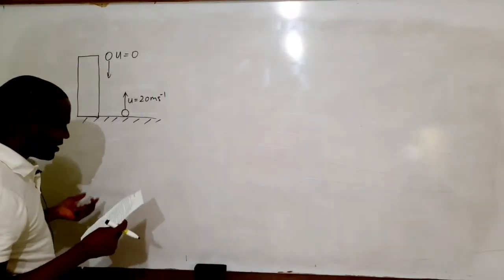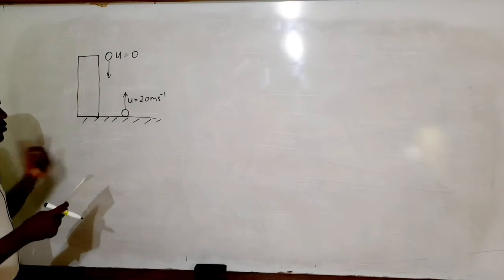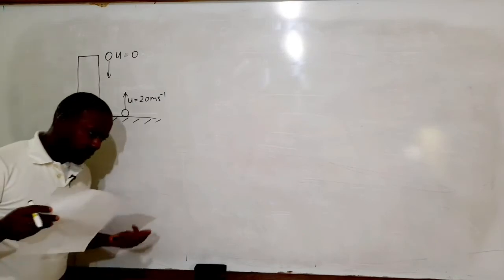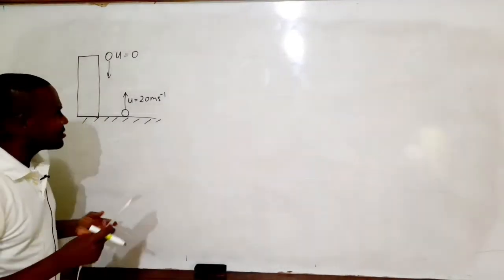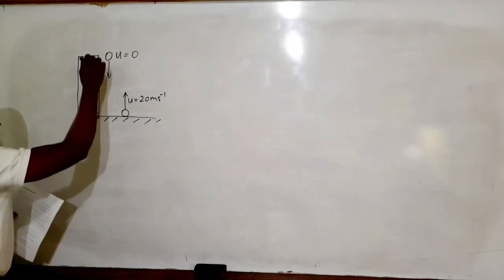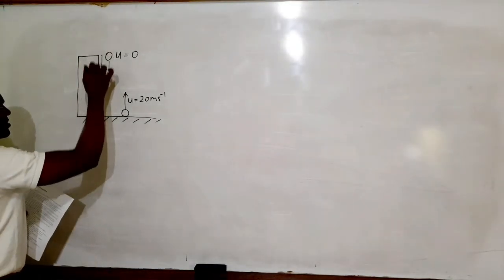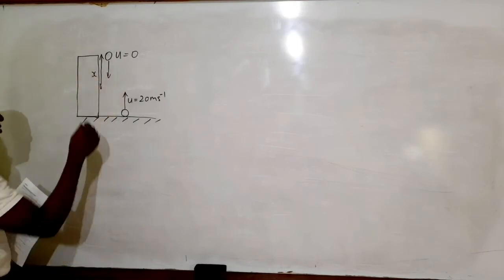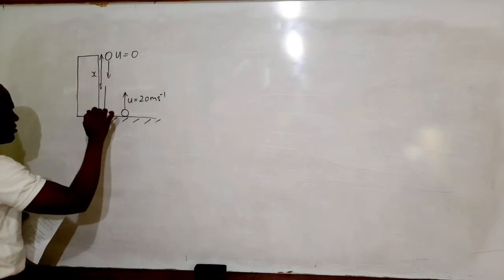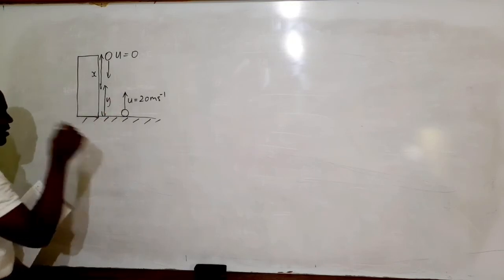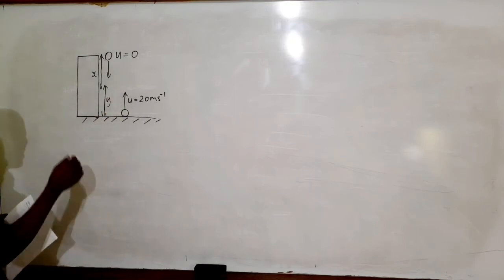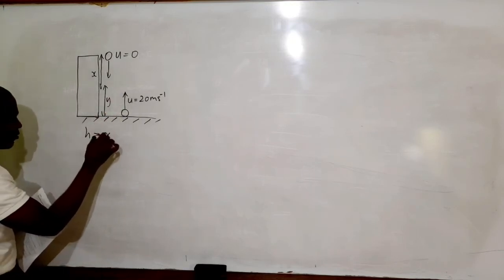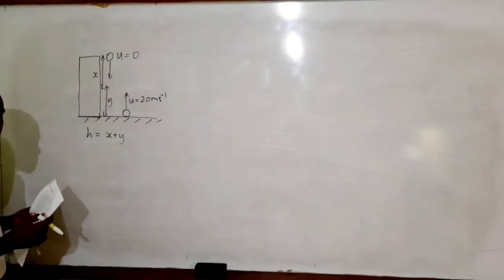So what will happen is that the two stones will travel most likely different distances. So if this stone travels a distance, let's call it x, in 3 seconds, and this stone travels a distance y in 3 seconds, then it means that the height of the building h is equal to x plus y. Right?